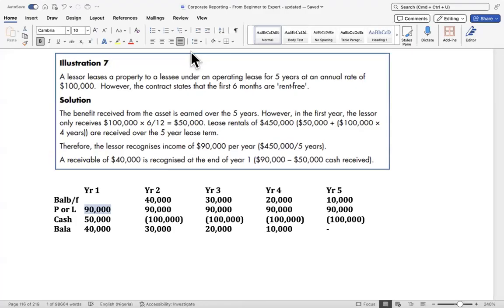Then you also debit lease receivable with 40,000, and then you credit the P&L with 90,000. That's exactly what Robert said.